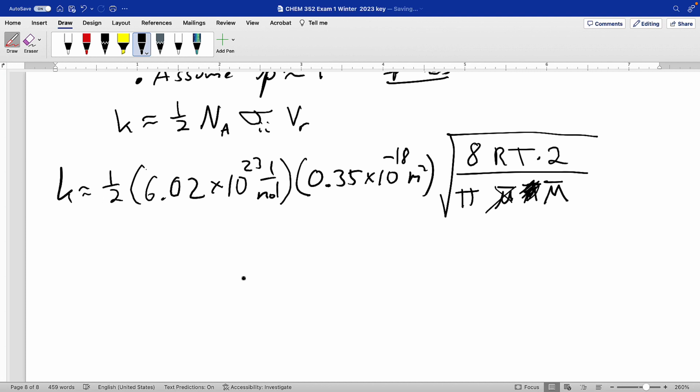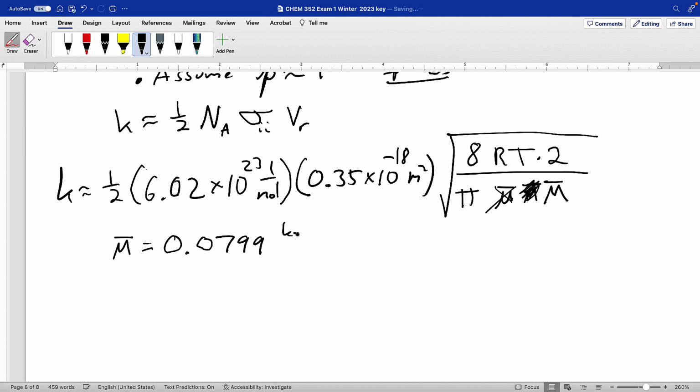Okay, so we plug all this in. I'll make a note here that our molar mass is equal to, so remember, the things that are colliding are not bromine molecules, they're just bromine atoms, so it's just a single bromine atom, so it's just 80.